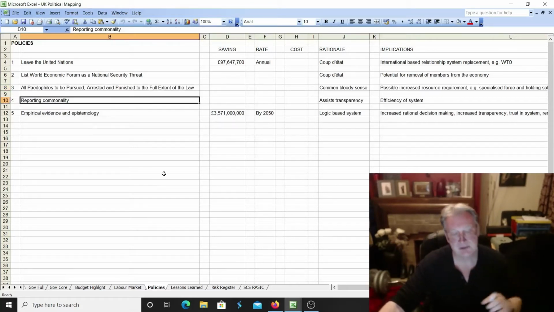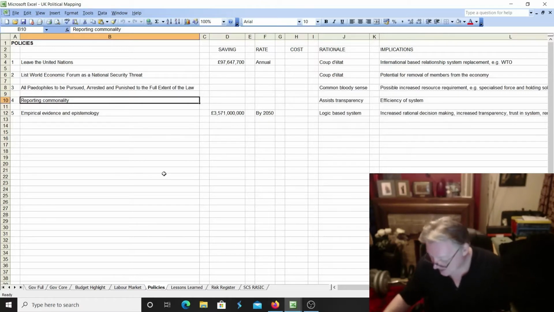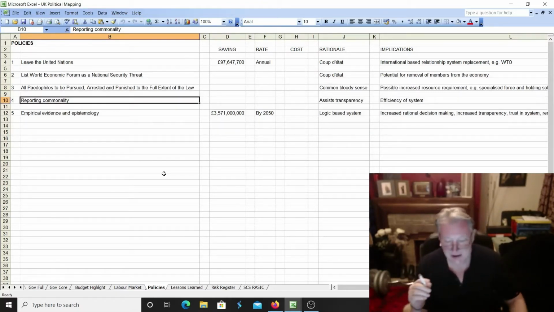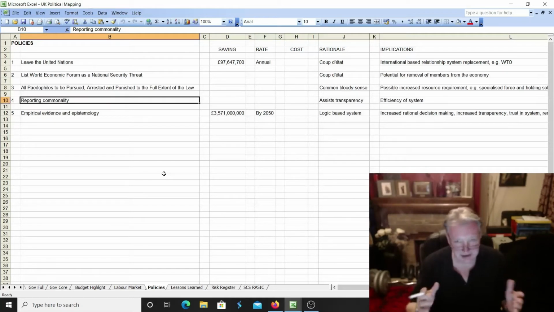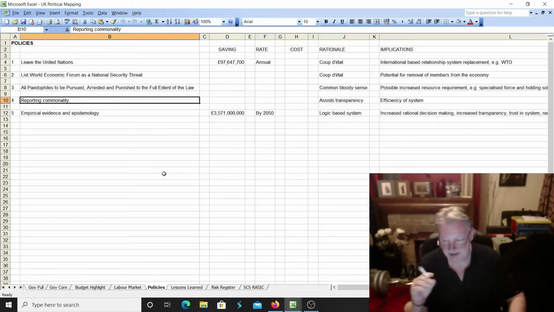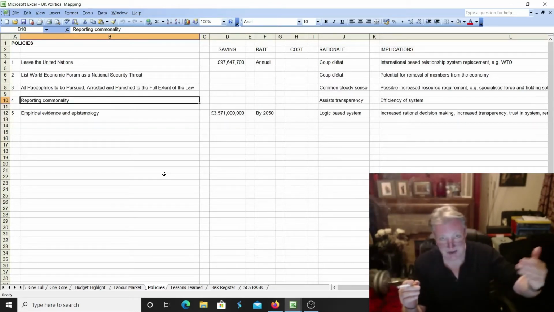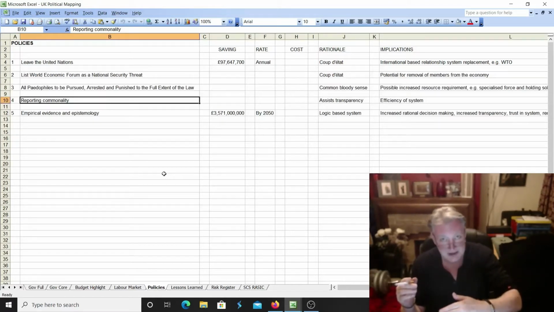The first one is the reporting commonality, where if you look through the descriptions that I'll put in, you will notice that everything is done differently according to each different department. Otherwise you wouldn't end up with some having up-to-date information for the 2019-2020, others having only 2013.